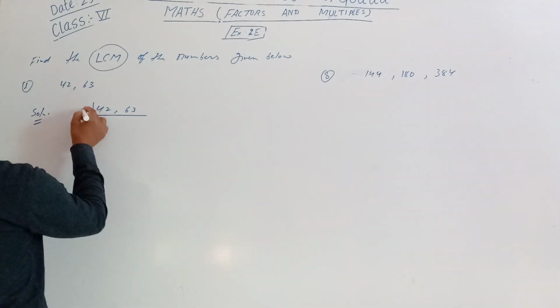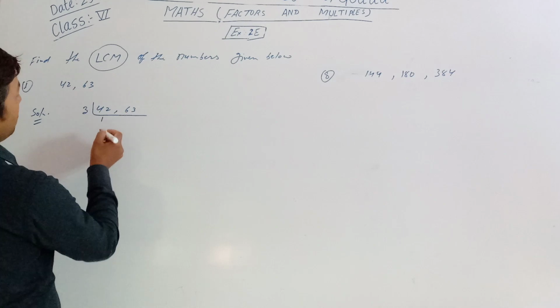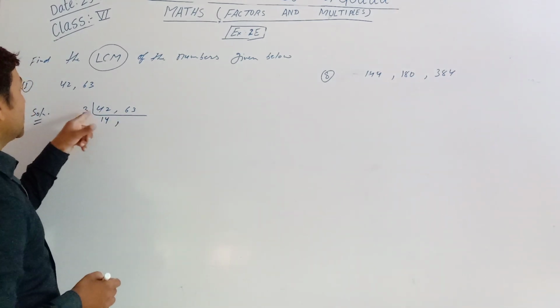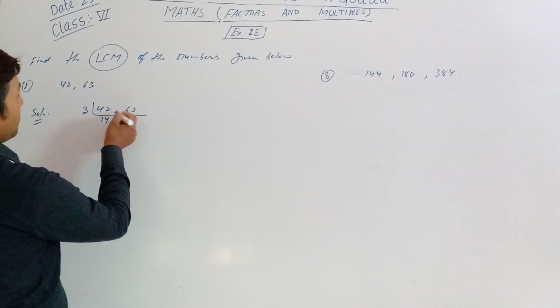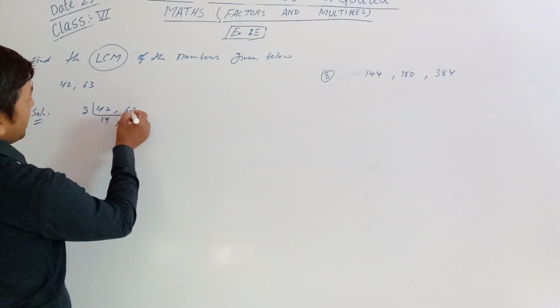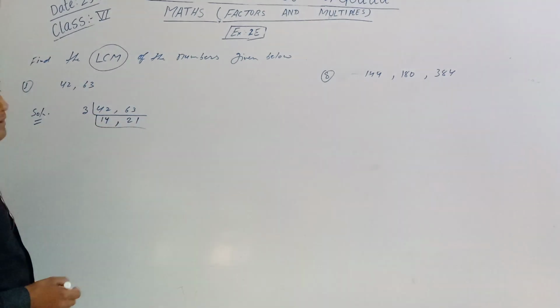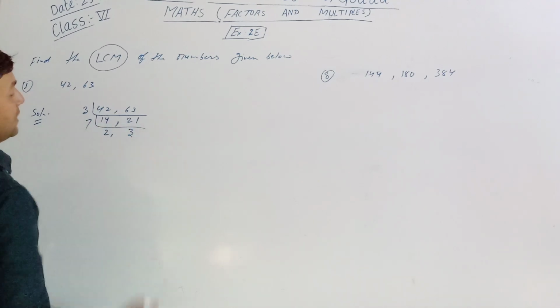So by 3 we will divide. 3 ones are 3, 3 fours are 12, 14. 3 twos are 6 and 3 ones are 3. And the last numbers, 7 twos are 14, 7 threes are 21.